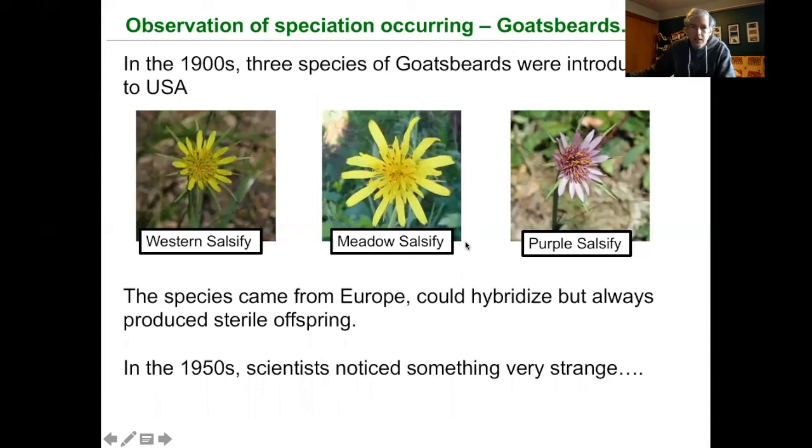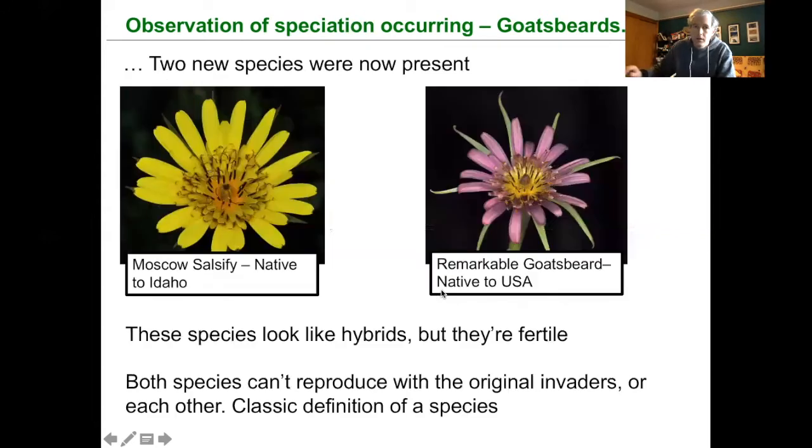So if you look at the remarkable, it has petals that look a bit like this, but they're purple. And it also has these bits, these leaves sticking out the side. So they look a bit like hybrids, but critically, they're fertile. So these species, individuals of these, you can breed them with each other and they produce new offspring, and those offspring they themselves can breed.